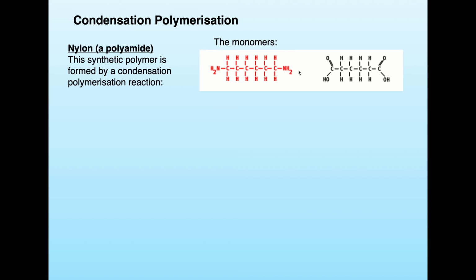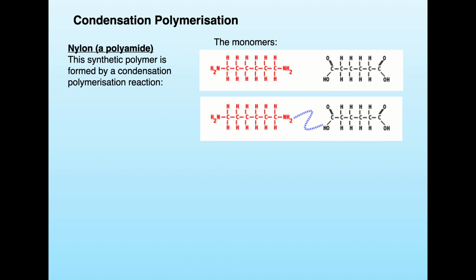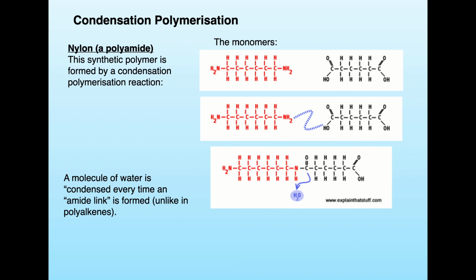So these molecules attach to the OHs, or they attach to this carbon and they react as so. And what happens is a water molecule is lost, which is why they're called condensation polymers, condensation polymerization. And this bond here is called an amide link. There's an amide link formed.